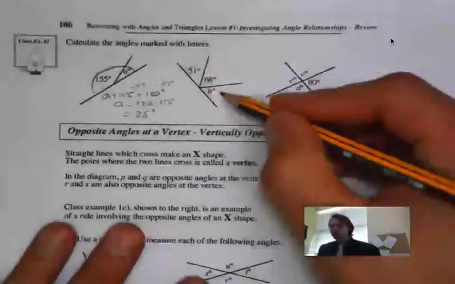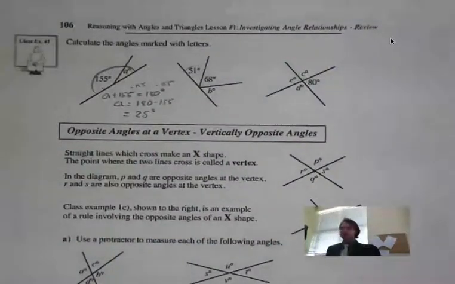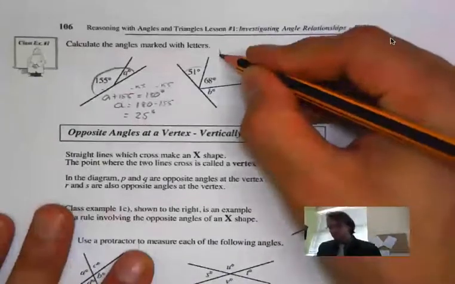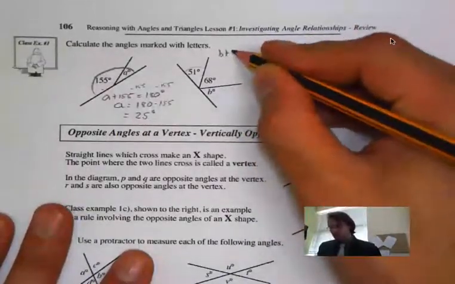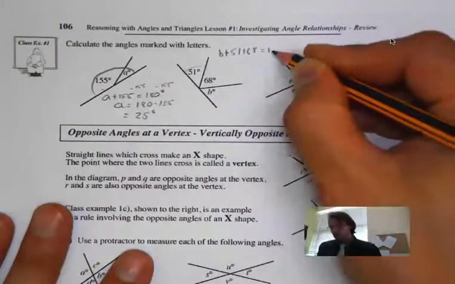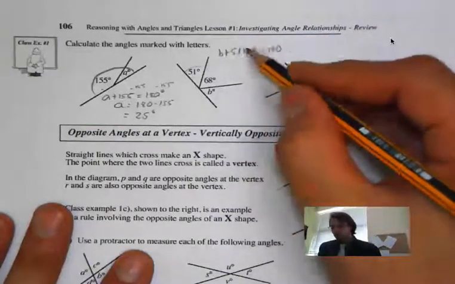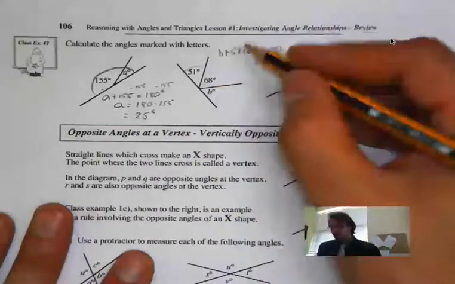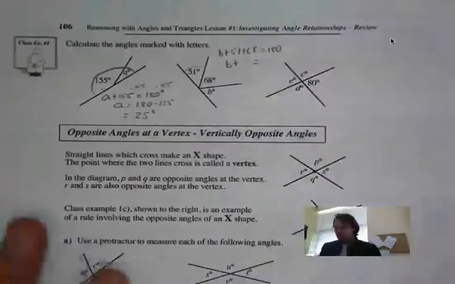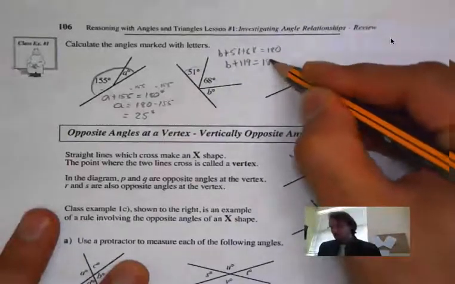We have 3 angles adding up to give us a straight line. Not that bad. All that means is we have B plus 51 plus 68 is equal to 180. So we have to combine these and subtract them. If I combine those, it's B plus 119 is equal to 180.